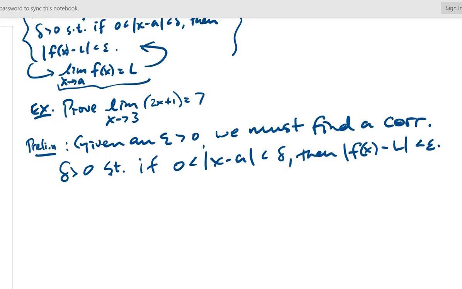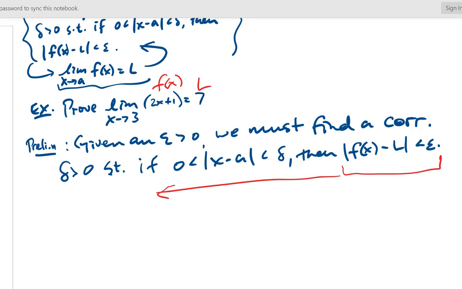So how do you go about this? Well, if we start out with this last piece here and play around with it a bit. In this case, f of x is 2x plus 1, and L is 7. So the absolute value of 2x plus 1 minus 7 has to be less than epsilon. This is that f of x minus L piece.